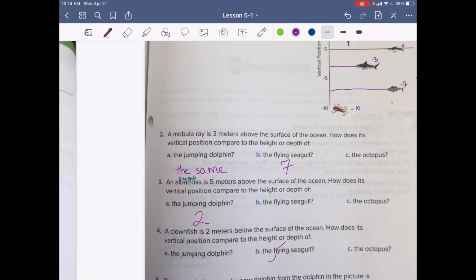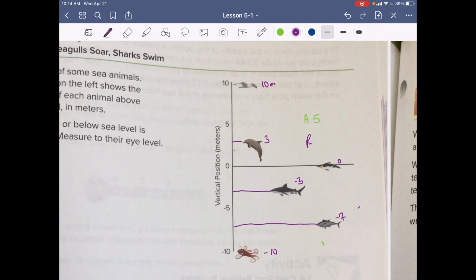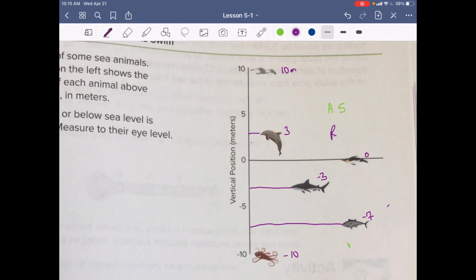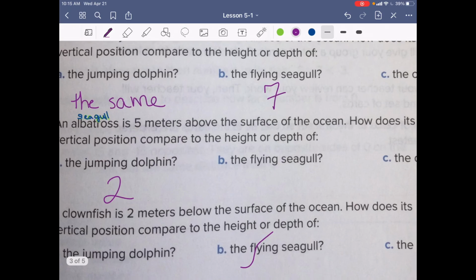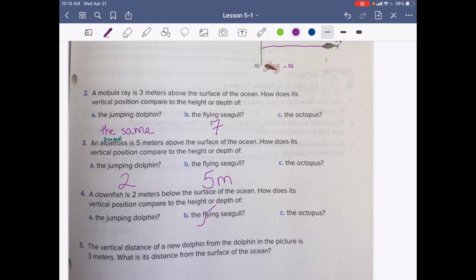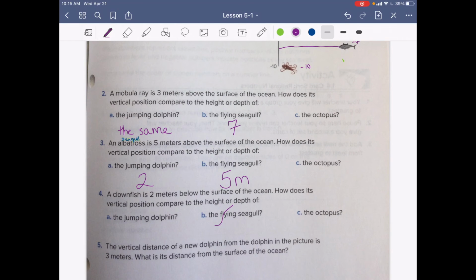And then if we look at the flying seagull, well, we're here at 5, and the seagull is above by how much? It's above by 5 meters. So if we go down here, the flying seagull is above by 5 meters. And the octopus, oh, we didn't put our other octopus over here.